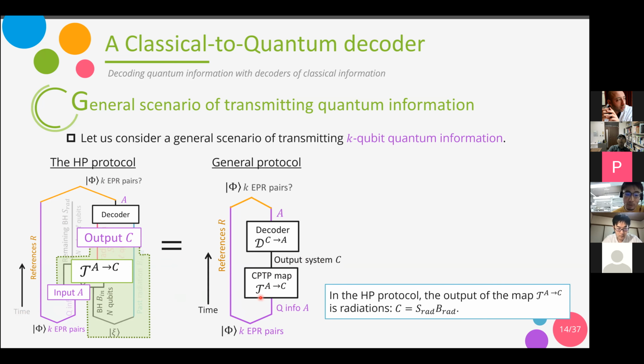And this CPTP map T is all the others in the green box. Of course, in this case, we prepare the black hole initial state, but that is also a part of this CPTP map. Okay. So with this identification, the general protocol is a proper generalization of this protocol. Perhaps you can understand.